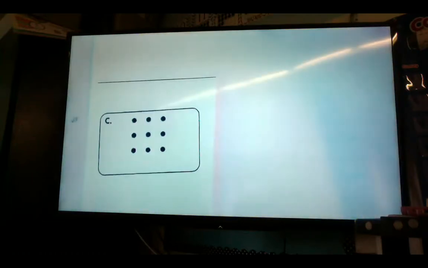Are you ready? You only get about 3 seconds. How many dots did you see? How did you see these dots?